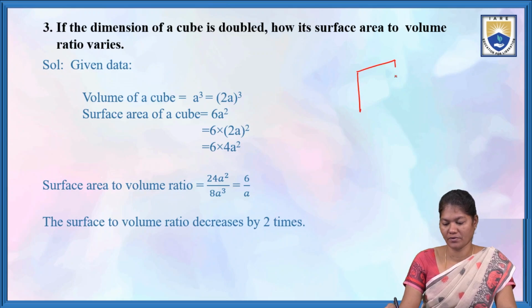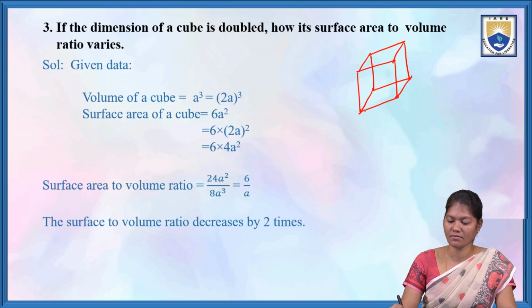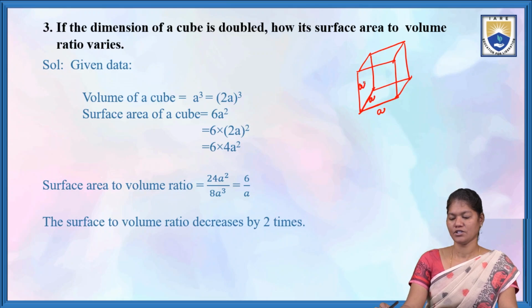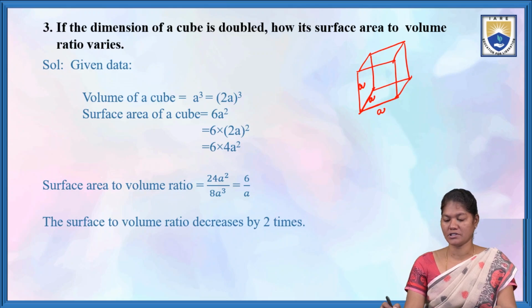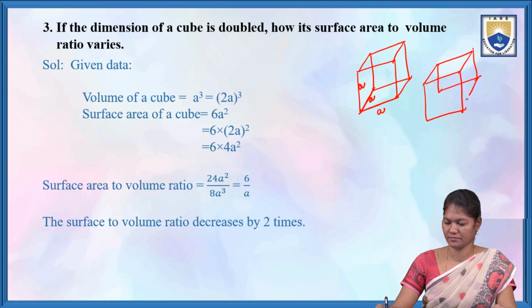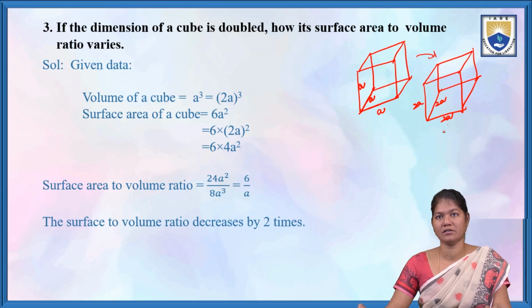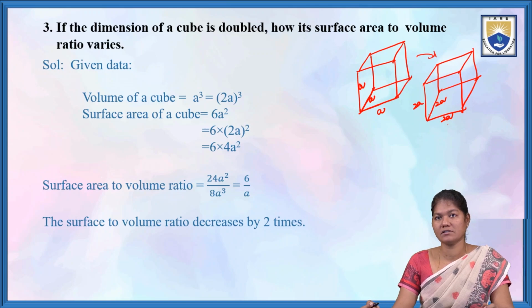Suppose this is a cube, with sides A, A and A. The dimensions of the cube are doubled, meaning we get 2A.